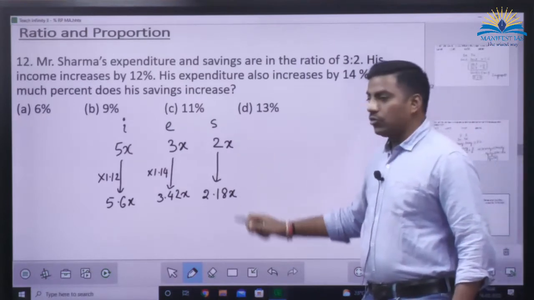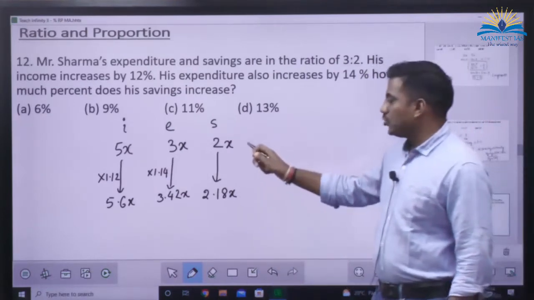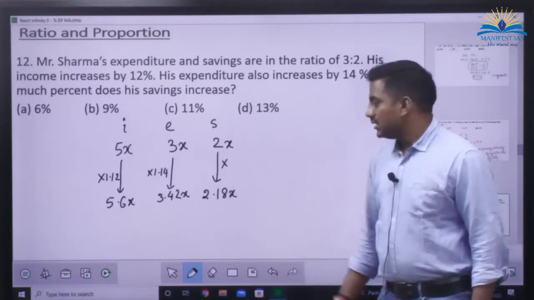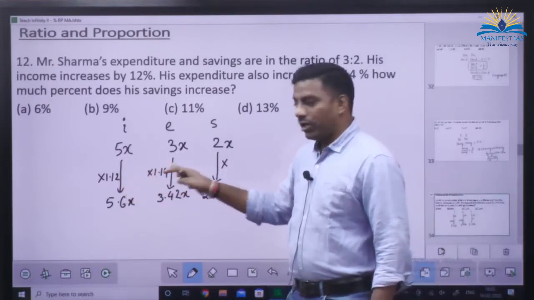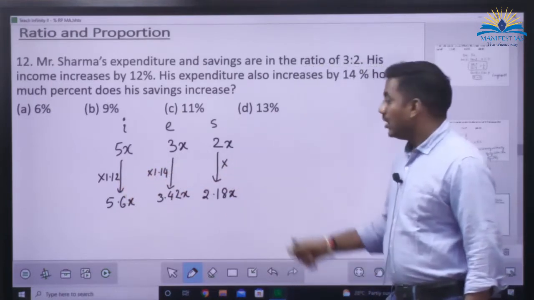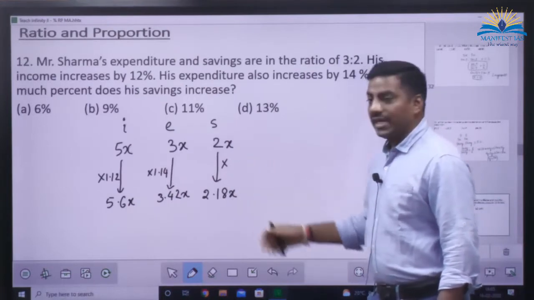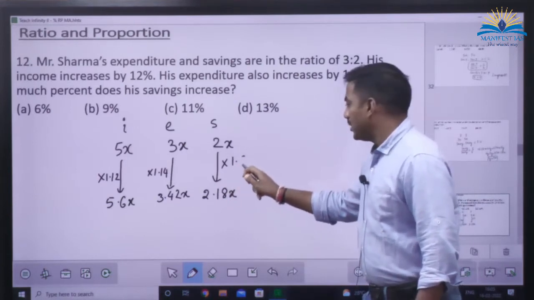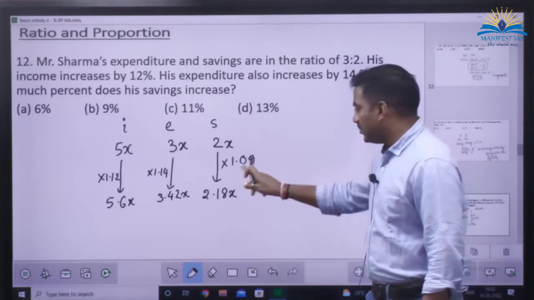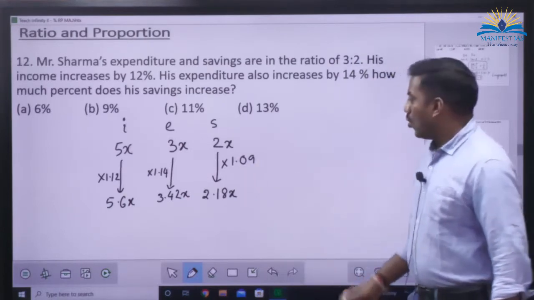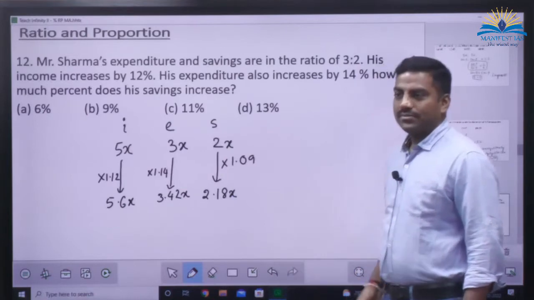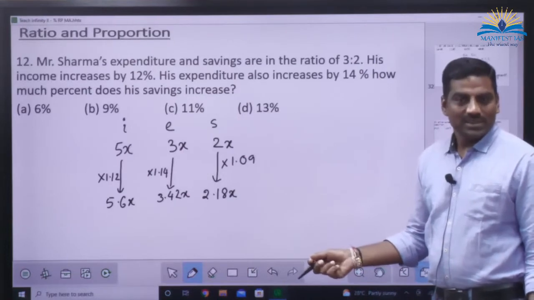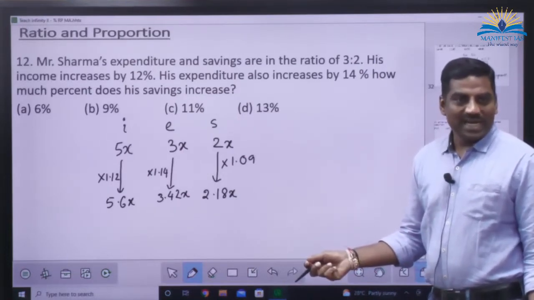For this 2x to become 2.18x, I am multiplying by what? Just like 1.12 and 1.14, I should multiply with something, after which I will get 2.18. Half of this, no? 1.09. Now tell me from this number 1.09, what is the increase in the savings? This 0.09 itself is the increase, no? 0.09 is 9 by 100.